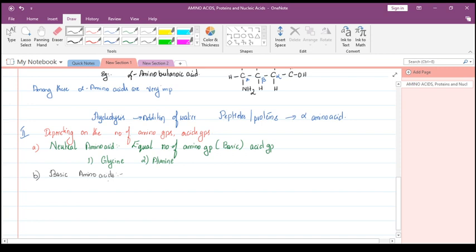As the name itself implies, the number of basic groups, or amino groups, is greater than the acidic groups. These are amino acids containing more amino groups than carboxylic acid groups.